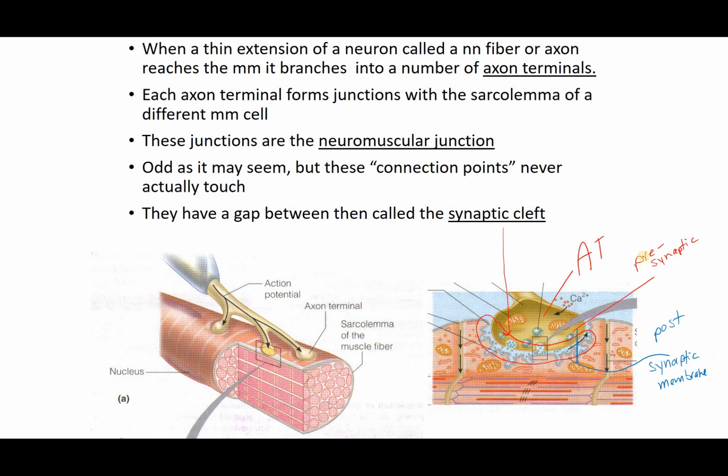Okay, so pre means before, post means after. So a nerve signal is going to come down to the axon terminal. So this is the pre stuff. It's going to stimulate these neurotransmitters to go across the synaptic cleft and hit the postsynaptic membrane. In this case, it's a muscle. When that happens, we're going to get muscle activity.